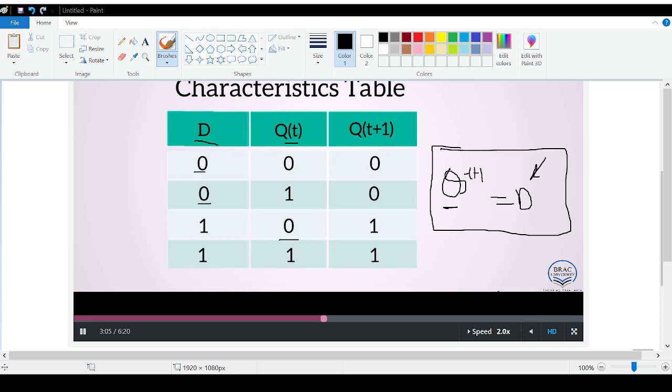Alright, now we have our last flip-flop, which is called the T flip-flop.